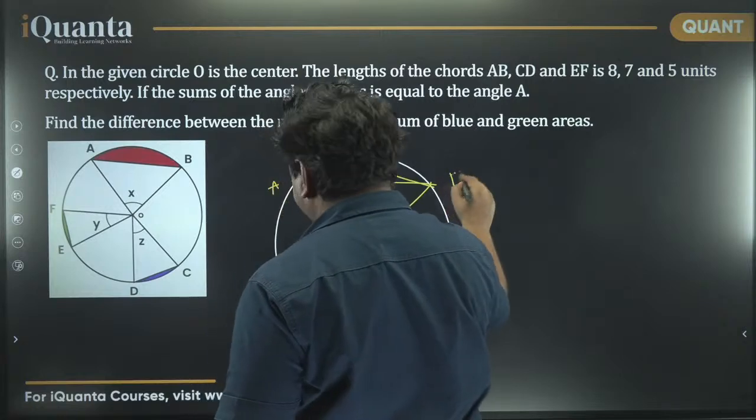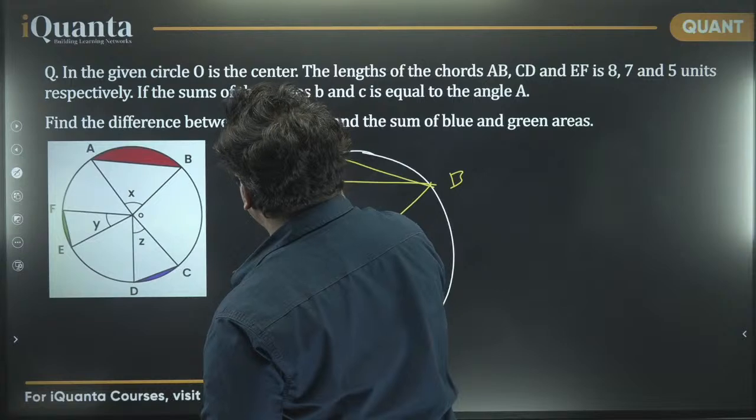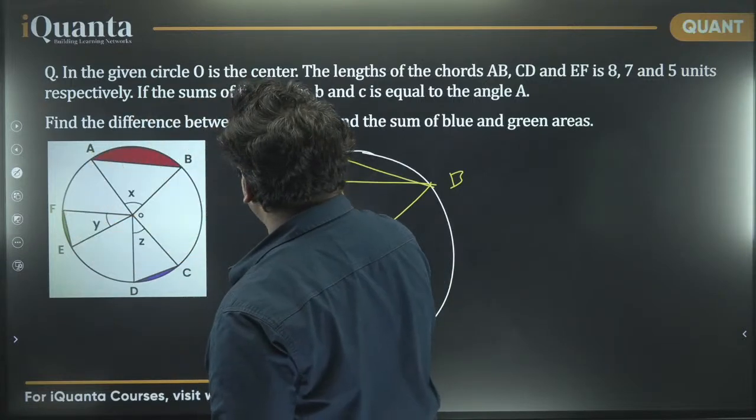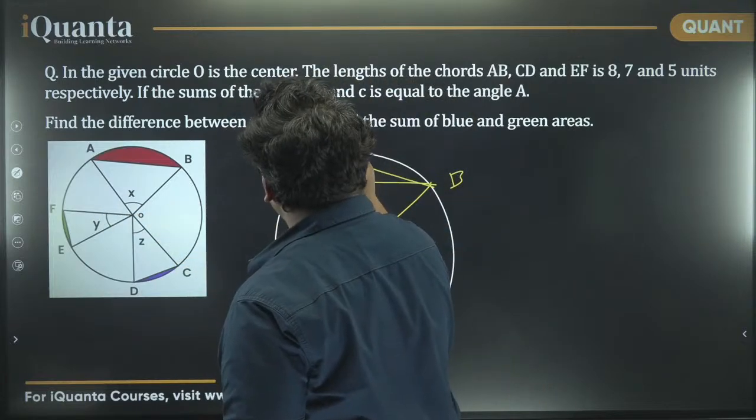AB. The moment I move it here, this point is A as well as ये E यहाँ पहुँच जाएगा. It is E as well. Okay. And this point is F. I hope you understand that.